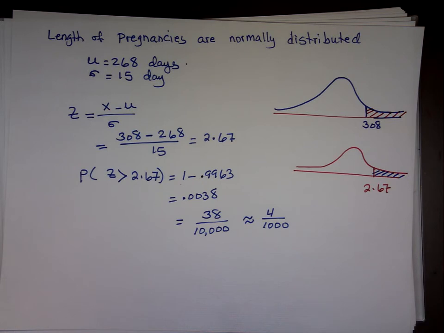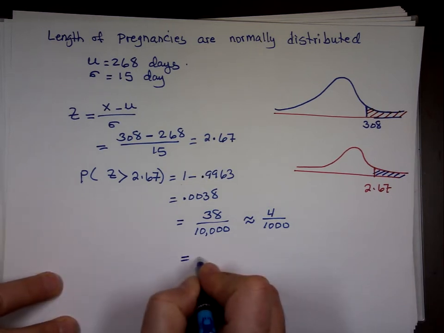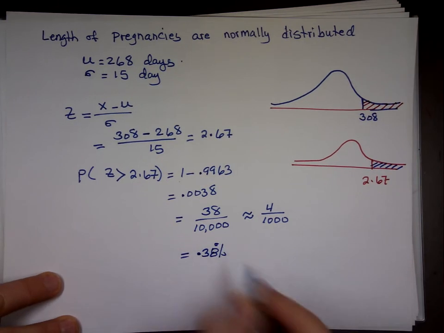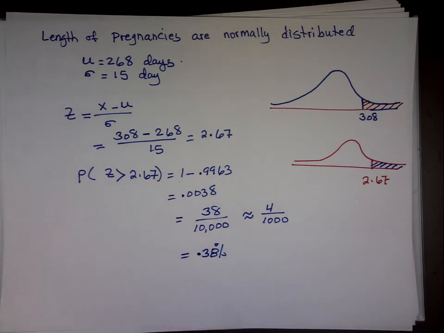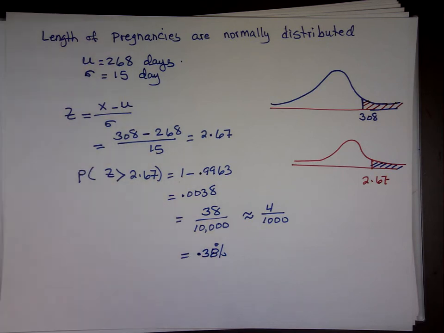The probability is very small. Percentage-wise, it's 0.38%, so it's not a high percentage. That suggests it's unusual. It's kind of rare, almost less than 1%. It's very unusual. Because the question was, what does the result suggest?